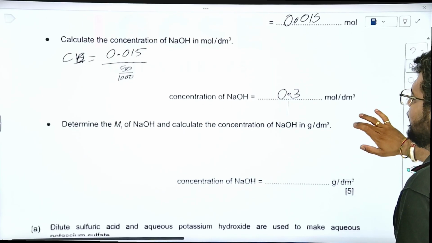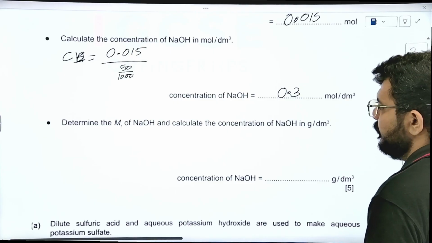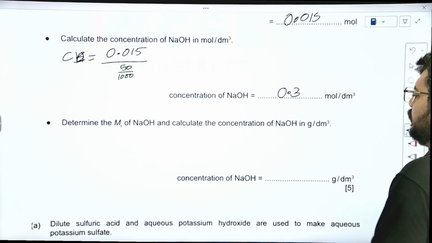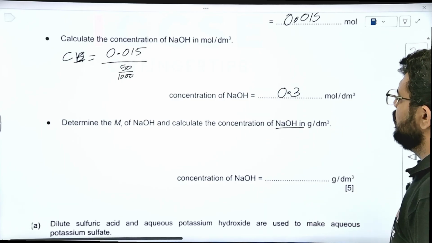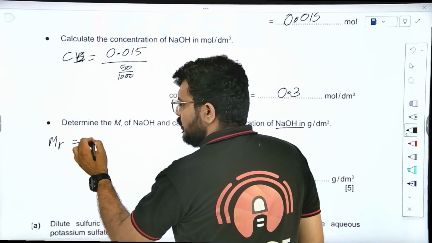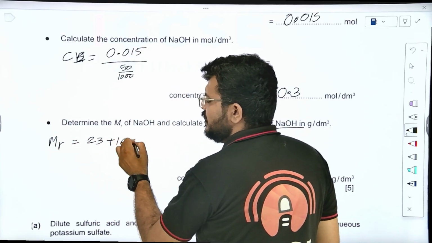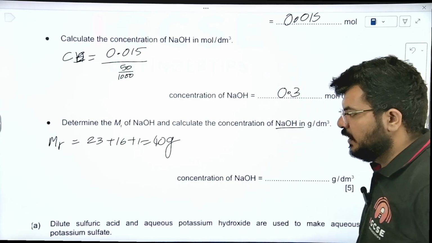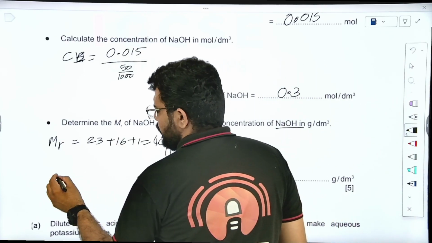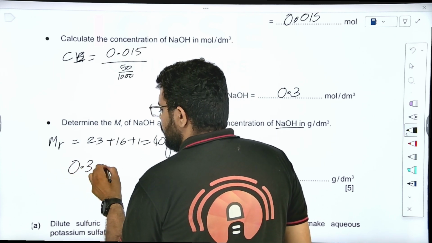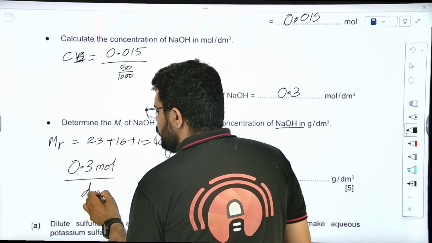Now let's see what is the next part. Determine MR of sodium hydroxide and calculate the concentration of sodium hydroxide in gram per dm cube. Now MR of sodium hydroxide is 23 plus 16 plus 1, which is 40 gram. Now see, this is a very simple ratio. You already have 0.3 mole per dm cube.